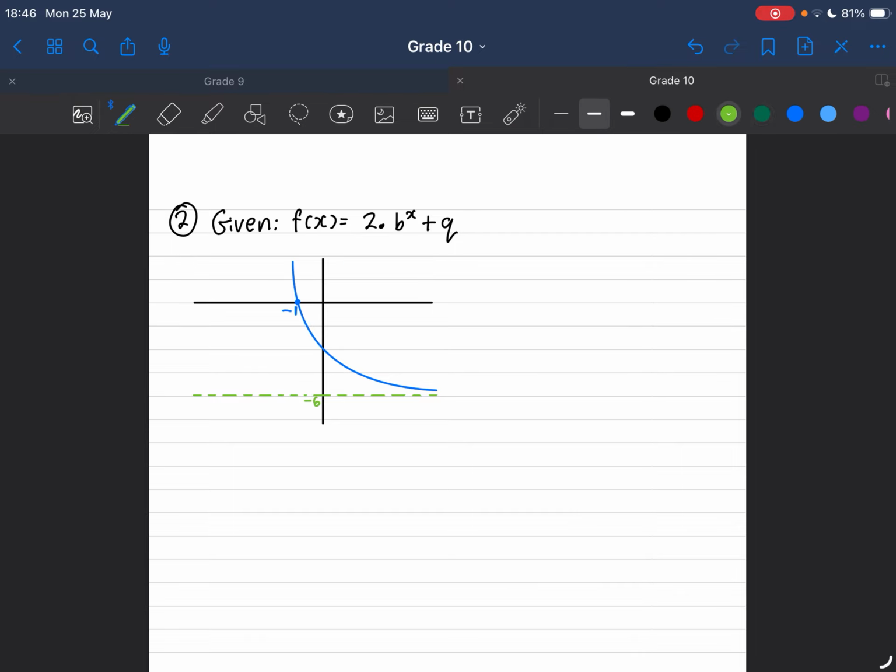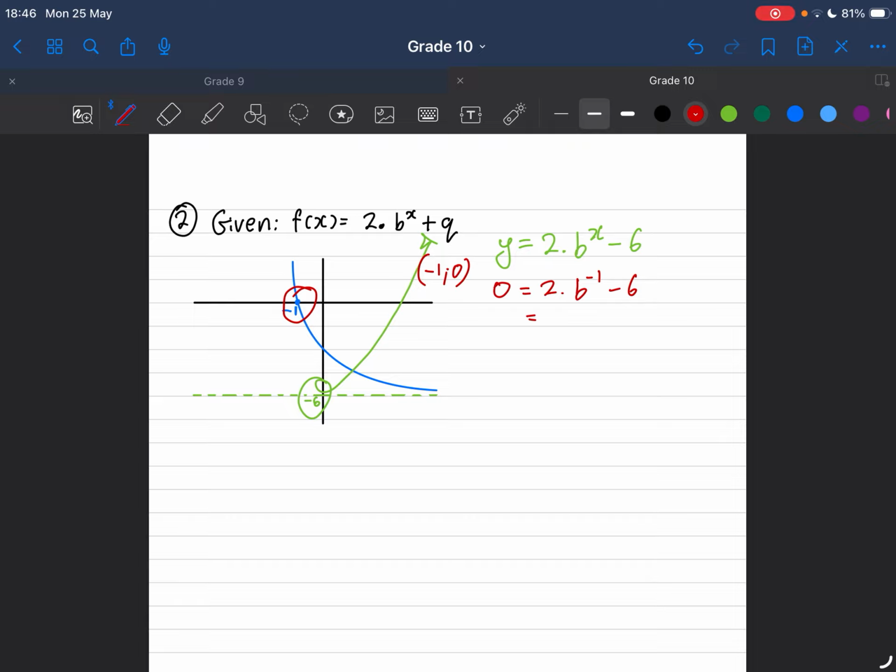So we'll begin with this -6 going straight in for q. So y is equal to 2 dot b to the power x minus 6. Then you have a coordinate here. What is this coordinate? It's -1 and 0. That's an x-intercept. So we can sub this in. Our y value is 0 equals 2 dot b to the power -1 minus 6.